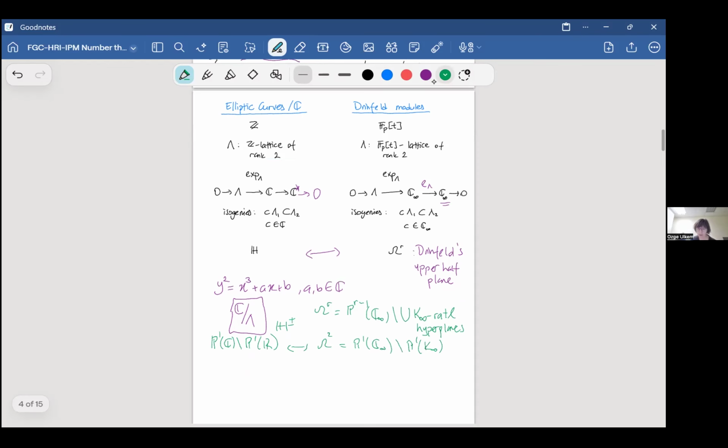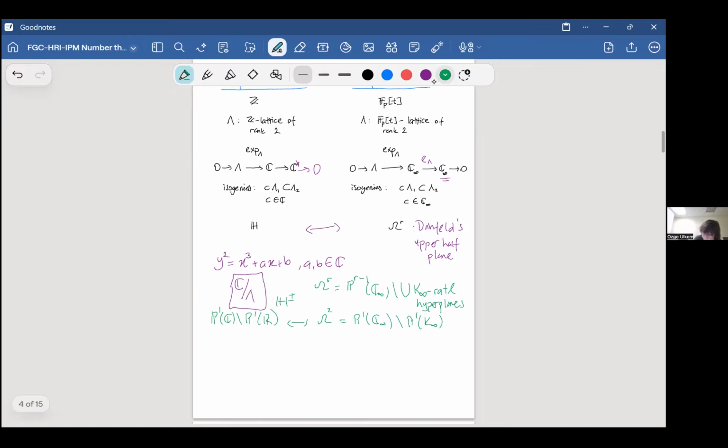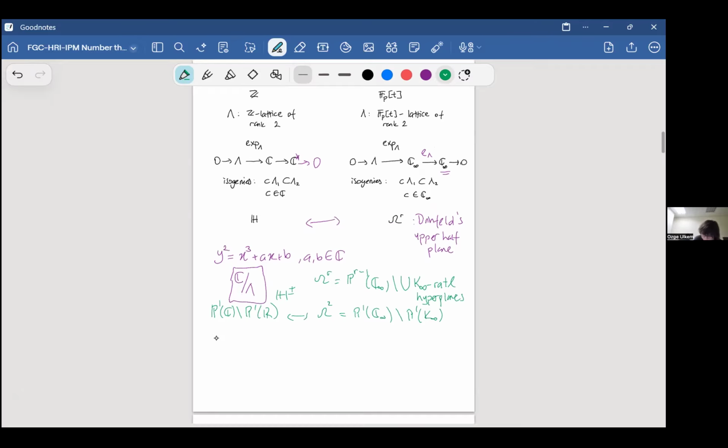What is K infinity here? Yes, you are right. We started with F_p(T), and then we obtain the completion, the field of Laurent series.